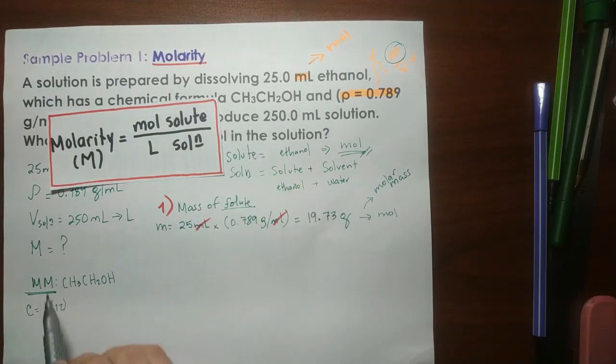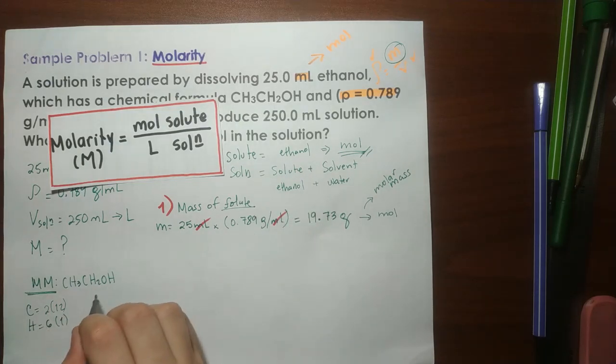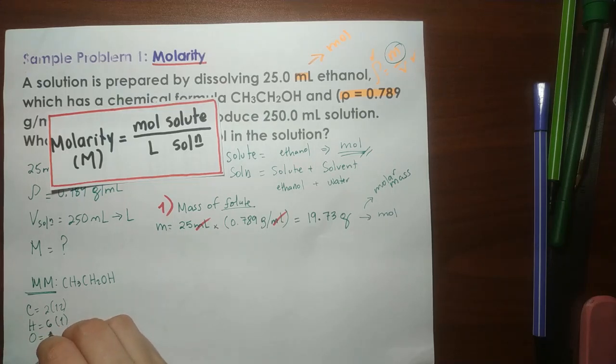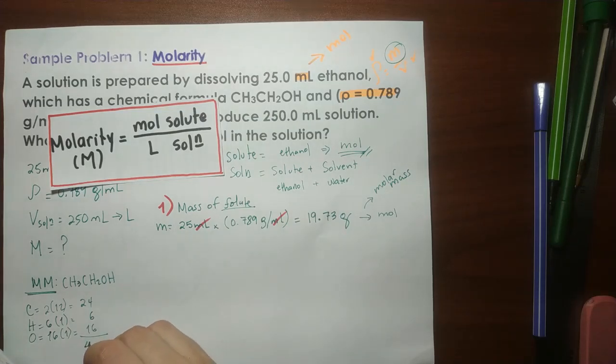I have hydrogen, 1, 2, 3, and 3 makes 6. I have 6 hydrogens, and the mass is 1. And I have 1 oxygen. Oxygen is 16, and I have just 1. Well, you understand the idea. So I have 24 plus 6 plus 16, which gives me 46 grams, the molar mass.